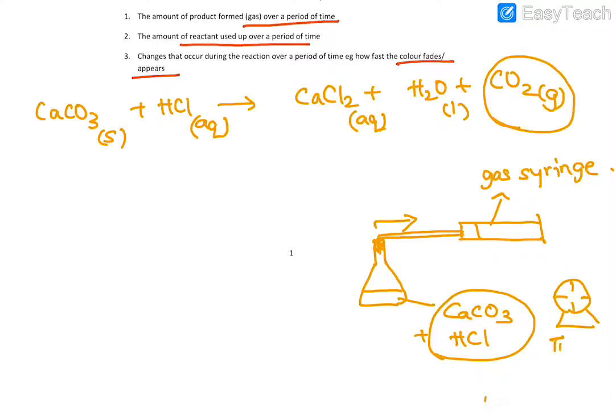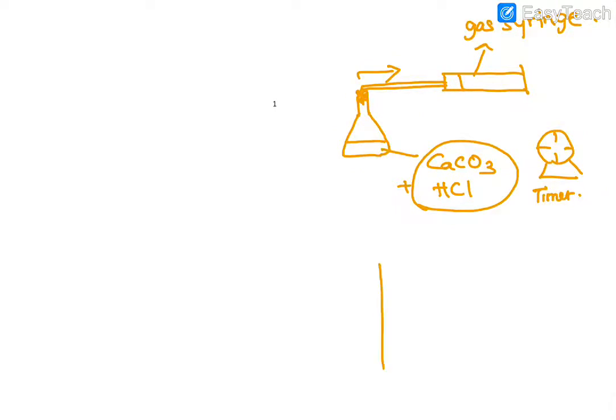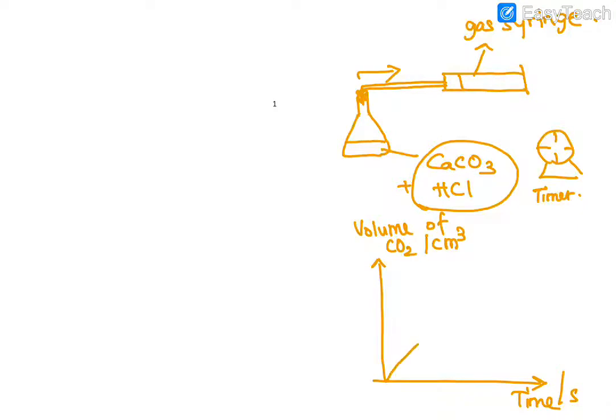This is my timer, which is going to be used to record the time intervals. So with time, you will have gas that is going to be produced. As the reaction is proceeding, we'll have more and more gas which is going to be produced until all the reagents are used up. So there is no calcium carbonate or there is no hydrochloric acid.